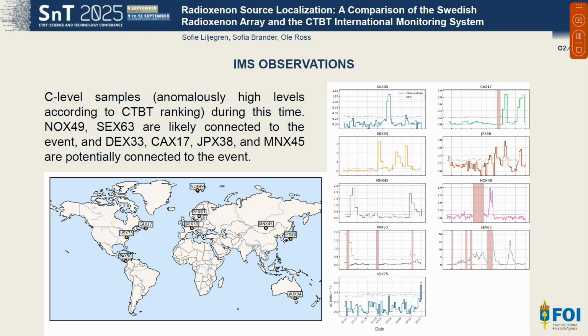We believe from this work that the radioxenon detected in SEX63, so Stockholm, and also the Norwegian station, NOX49, the gray and the pink lines here, are definitely from this event, but we also suspect that this event was seen in Germany, in Canada, in Japan, and in Mongolia.